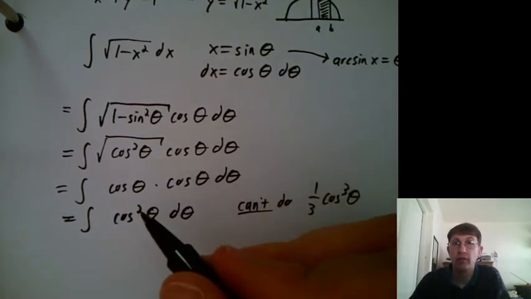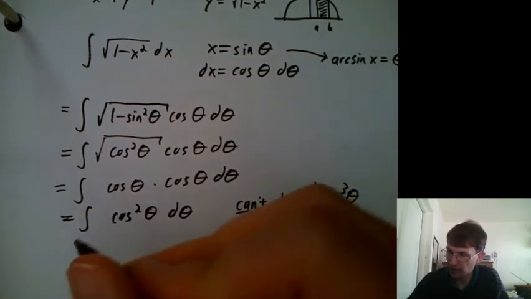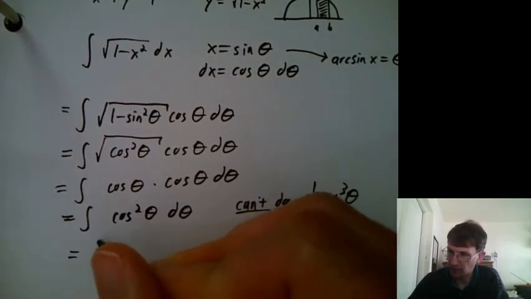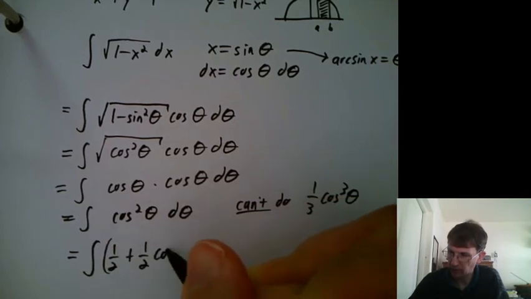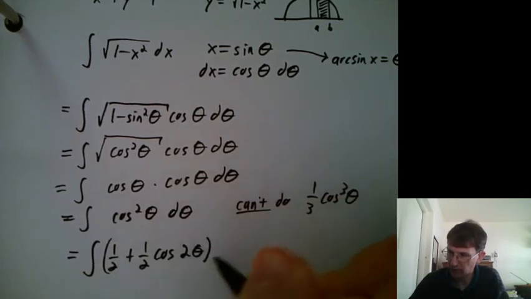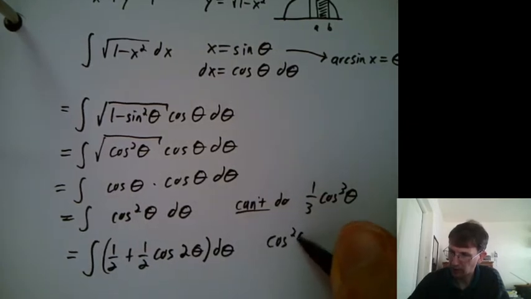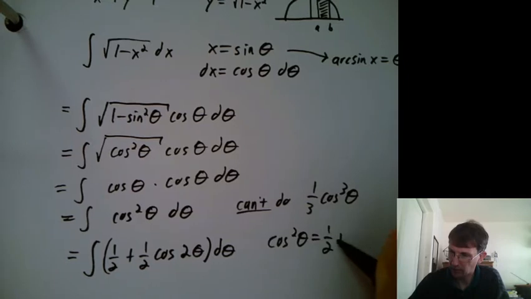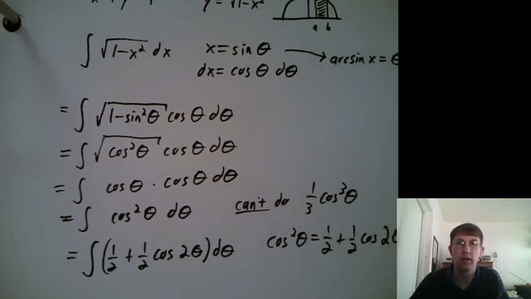Instead, we have to use a trig identity, which we wrote in our reminders of trig identities, that cosine squared is 1/2 plus 1/2 cosine 2 theta. So let's write that trig identity, 1/2 plus 1/2 cosine 2 theta.